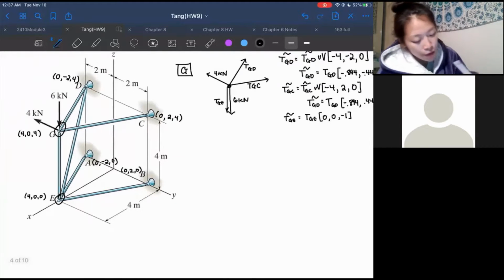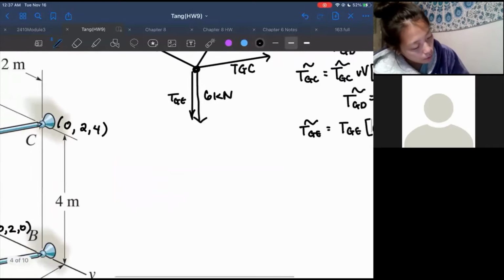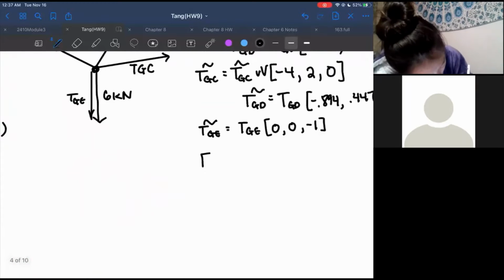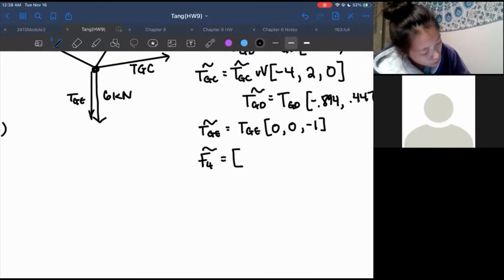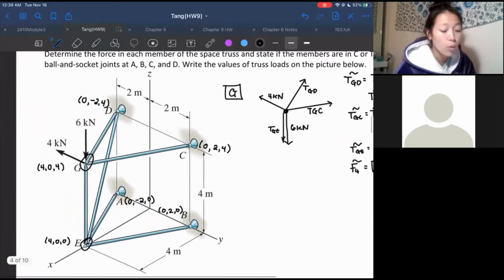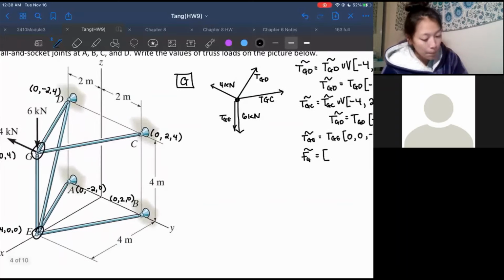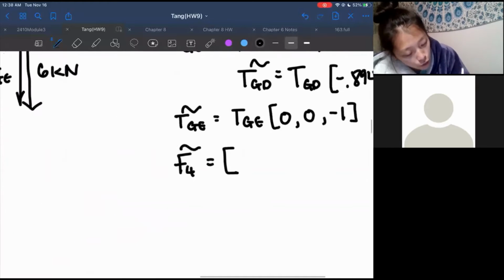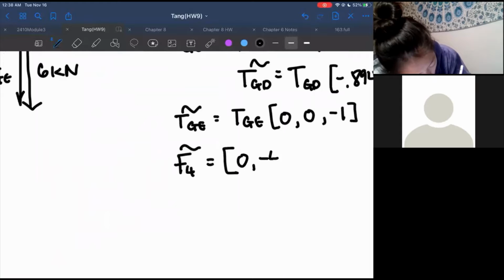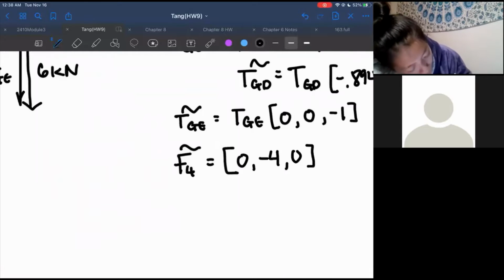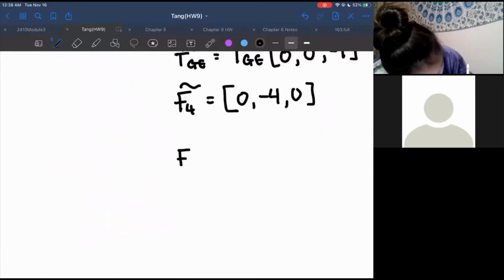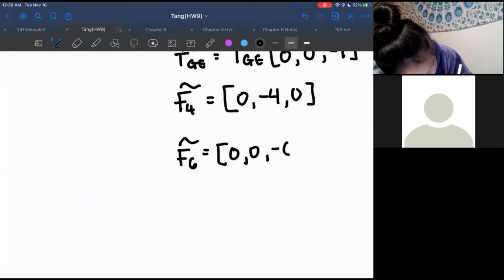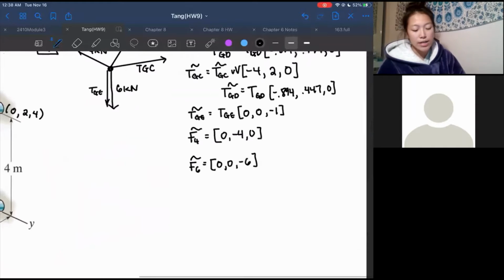Now we have the knowns. So we know the force of 4 only moves in the Y direction, and it moves in the negative Y direction. So it'd be 0, negative 4, 0. And as for the force of 6 kilonewtons, that'll be 0, 0, negative 6, since it moves in the Z direction downwards.